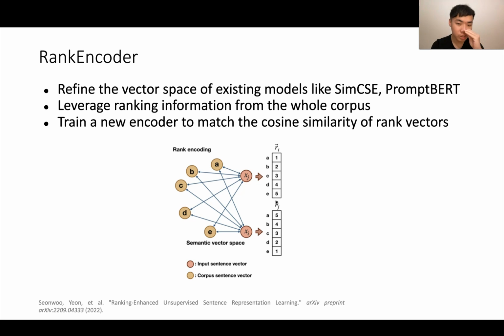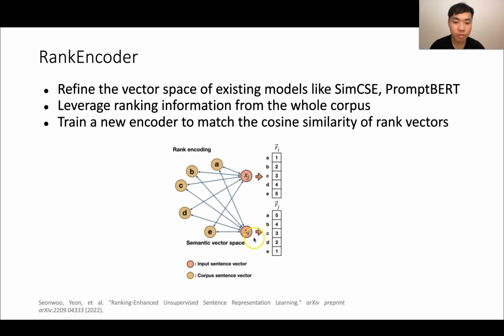And if you have another input, you can also do the same thing to extract another ranking vector. However, you can observe that these two inputs are not very distant from each other, but their ranking vectors are completely different. It's because you need to consider the interaction between the input sentence and all the other sentences in the corpus.